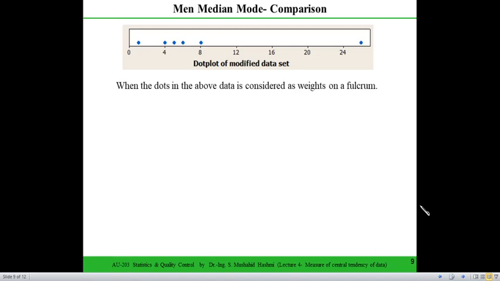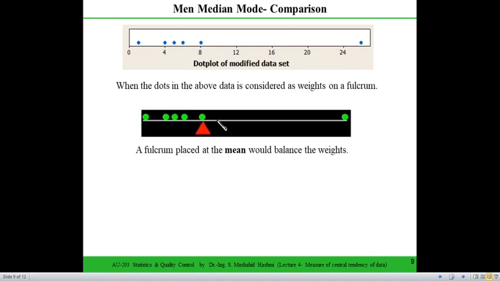Okay, so mean, median, mode, and if we have to compare our data points, just think of all these data points as some masses, and you need to place a fulcrum so that these weights are balanced together. For example, it is 26.1 kilogram, it is 1.4 kilogram, and so on. Let's say all these dots represent masses.